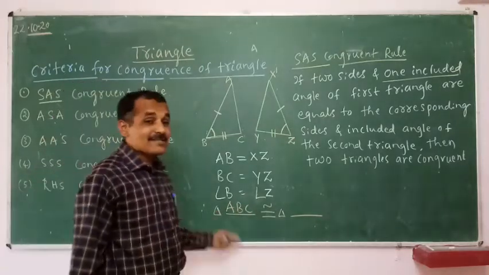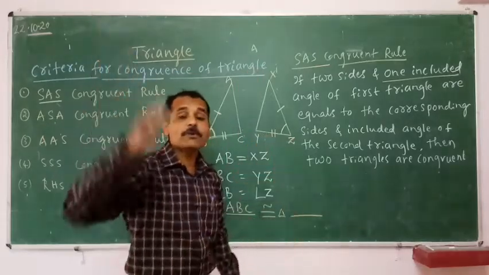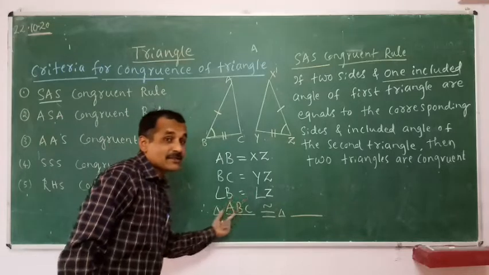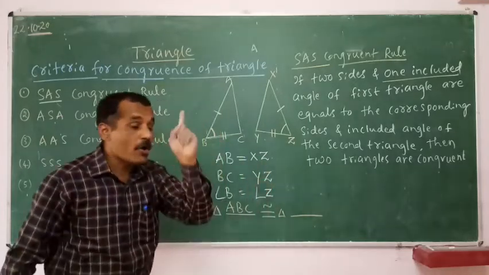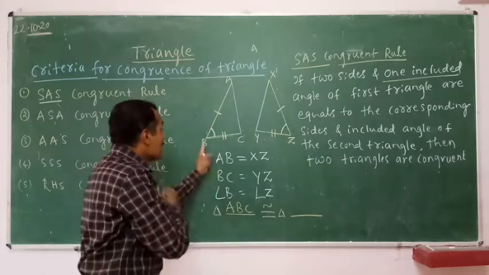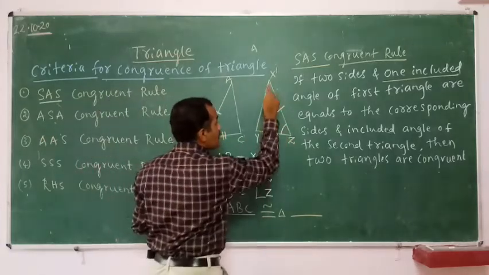Don't think that sir has written the alphabets in a proper order, so let me write X, Y, Z also in a proper order. No. The corresponding sides' alphabets must come in a proper order.